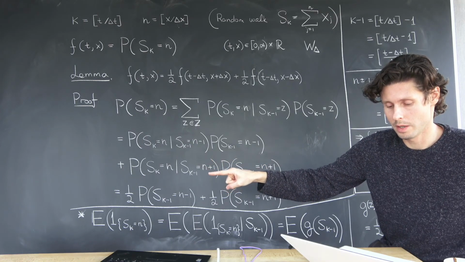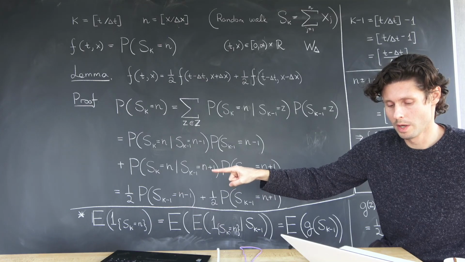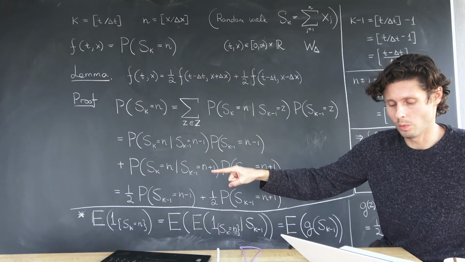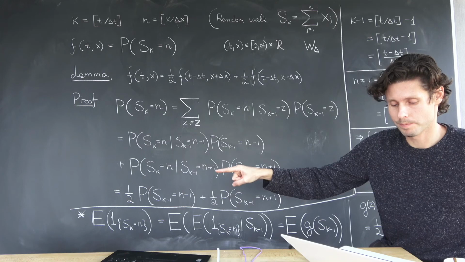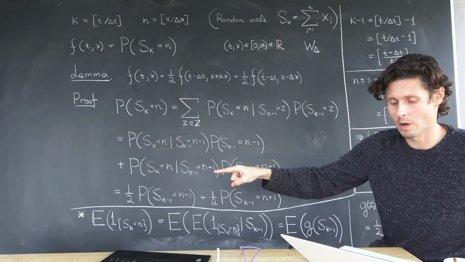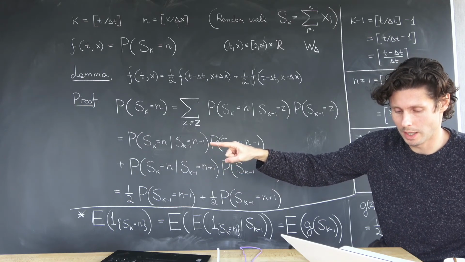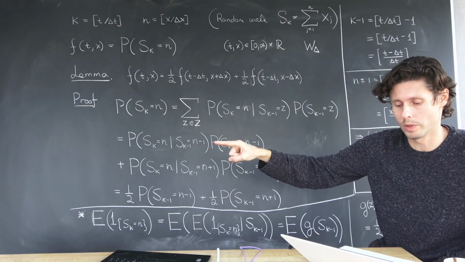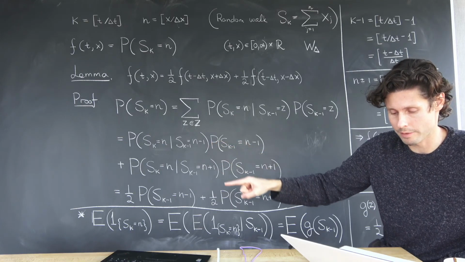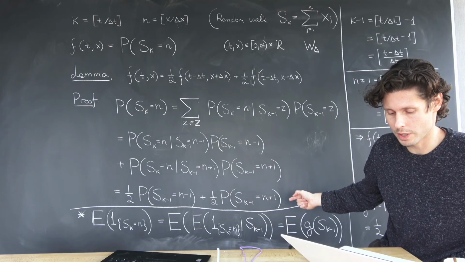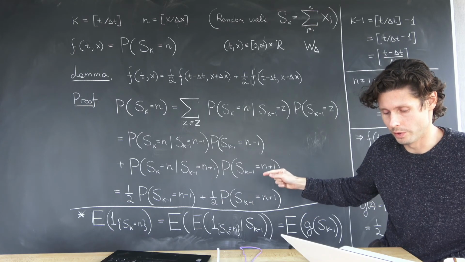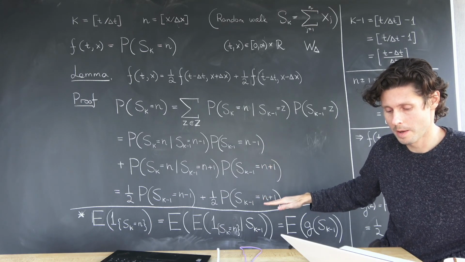So here the state is n plus 1, but the probability of going to n is still 1/2. Doesn't depend on n. Still Markov transition probabilities though. And same thing here. If you're in n minus 1 and you want to transition to n, the probability of that is again 1/2. So you pick up these coefficients of 1/2 in front of the two unconditional probabilities.